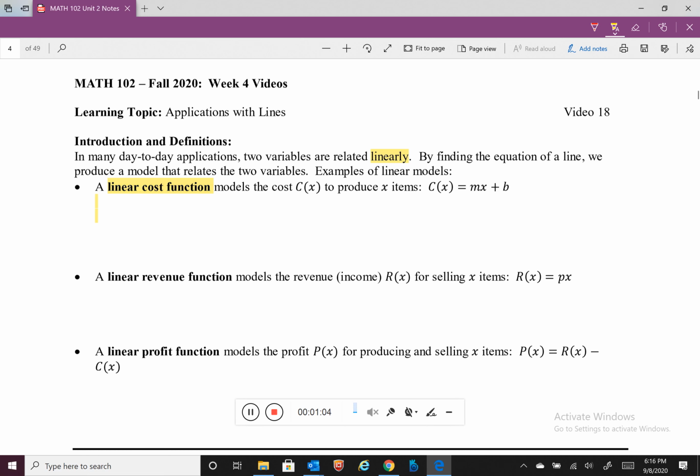So mx represents the variable cost for producing X items.